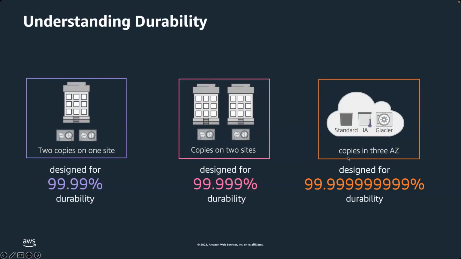What you can do in AWS is, for example, keep copies in 3 availability zones, meaning 3 distinct data centers, and that gives a durability of 11 nines. To put that into something more tangible, 11 nines means that if I store 10 million objects in an AWS storage service with this durability, I would lose one object every 10,000 years. So that's the key term for durability and what it essentially is.